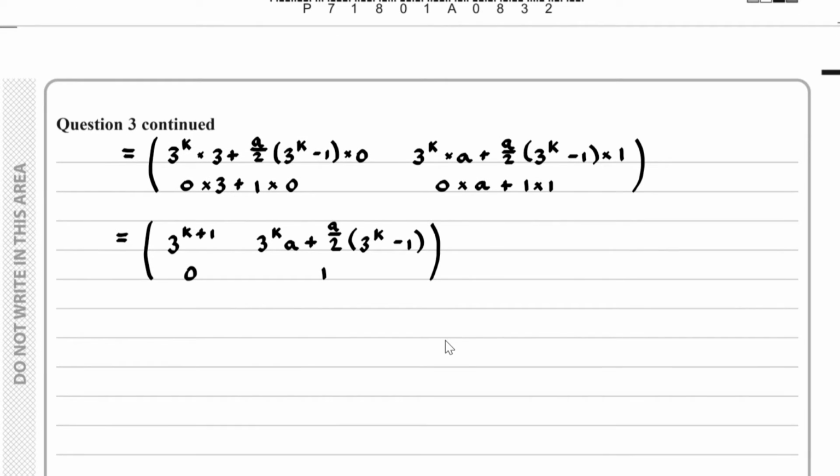So now let's try to simplify this even further. We still have 3 to the k plus 1 and a 0. And here we have 3 to the k times by a. And if I multiply the a over 2 into this bracket, then we are adding on a over 2 times by 3 to the k, and then we subtract a over 2. And then here we have 1.